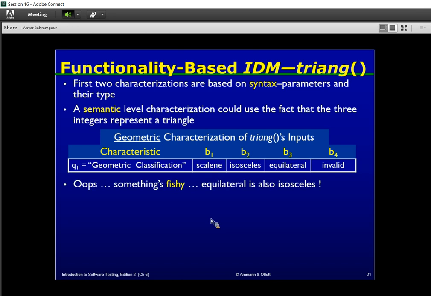Again, please tell me if this partitioning is a valid partitioning. As you know, something is fishy in this partitioning. Could you tell me what is the fishy point?